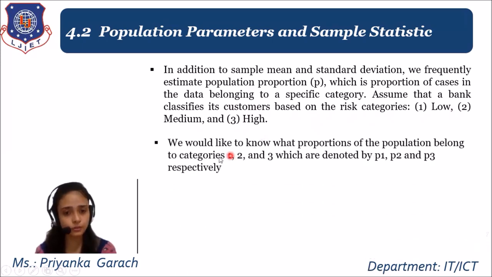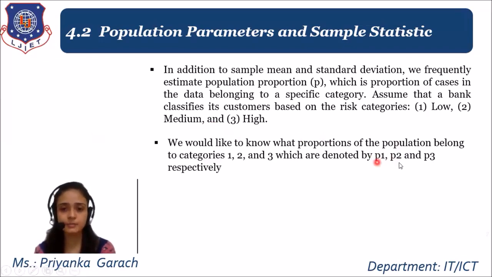We would like to know what proportions of the population belong to categories 1, 2, and 3, which are denoted by P1, P2, P3 respectively. So what we have to do here is identify which customers belong to the low risk category, which to the medium risk category, and which to the high risk category in this particular banking sector.